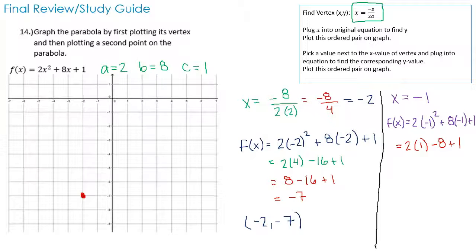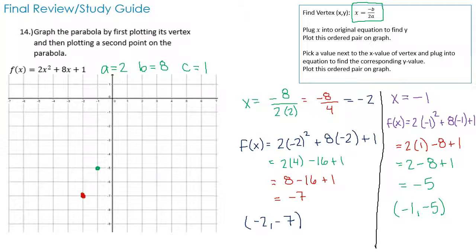So 2 times 1 is 2, so we have 2 minus 8 plus 1. 2 minus 8 gives us negative 6 plus 1 gives us negative 5. So we have another ordered pair at -1, comma, -5. And we can go ahead and plot that here.